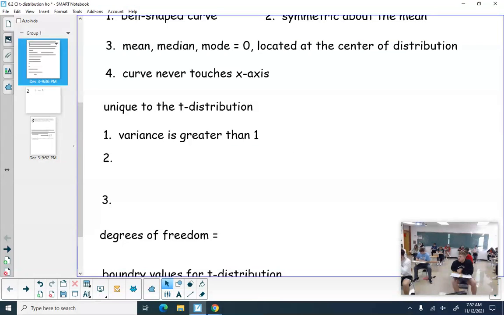The first one, the variance is going to be greater than 1, which means our standard deviation is going to be greater than 1. If you remember our z-score, we went out by 0, 1s, 2s, 3s, and that was our standard deviations. We no longer have that with a t-distribution. Your variance is greater than 1.